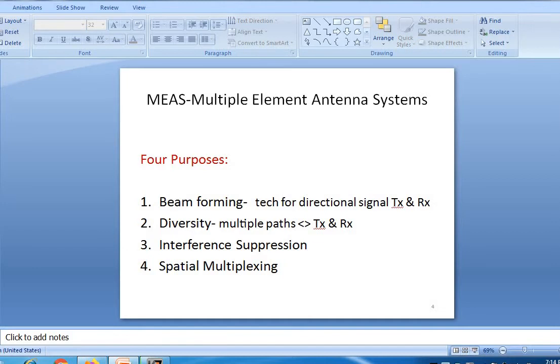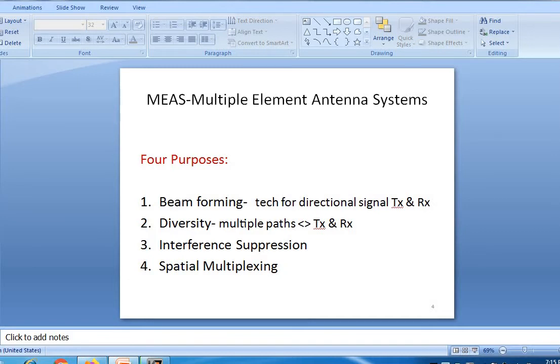So we need a technique known as beamforming in order to transmit the signals in a directional manner so that they properly reach the receiver. At the receiver part also, the antenna should be oriented in such a manner that it is able to receive the propagating signal. The second purpose is diversity.